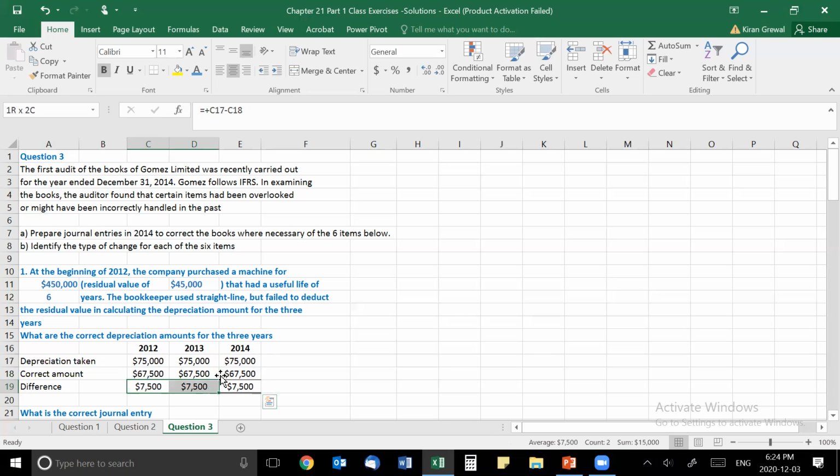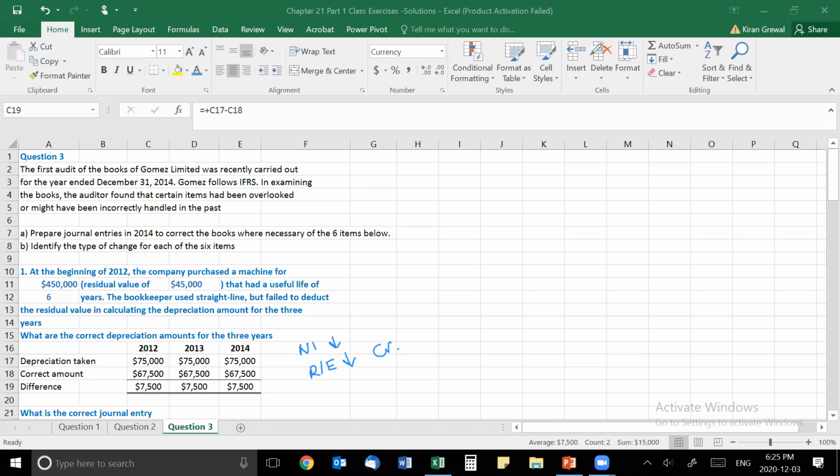But 2012, 2013, the books have been closed. Okay, so we would have to adjust the retained earnings for that. So we took too much depreciation. If we took too much depreciation, our net income was too low, which means our retained earnings is also too low. Okay. So we have to bring up our retained earnings, we would have to credit the retained earnings.